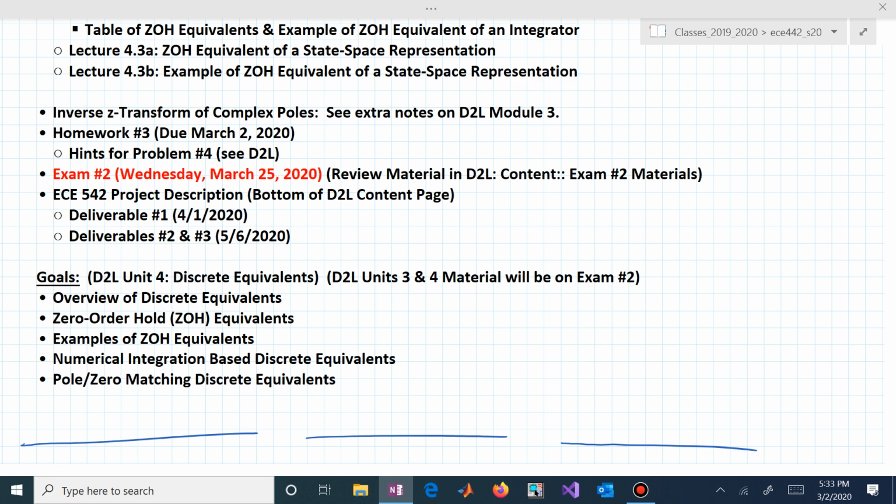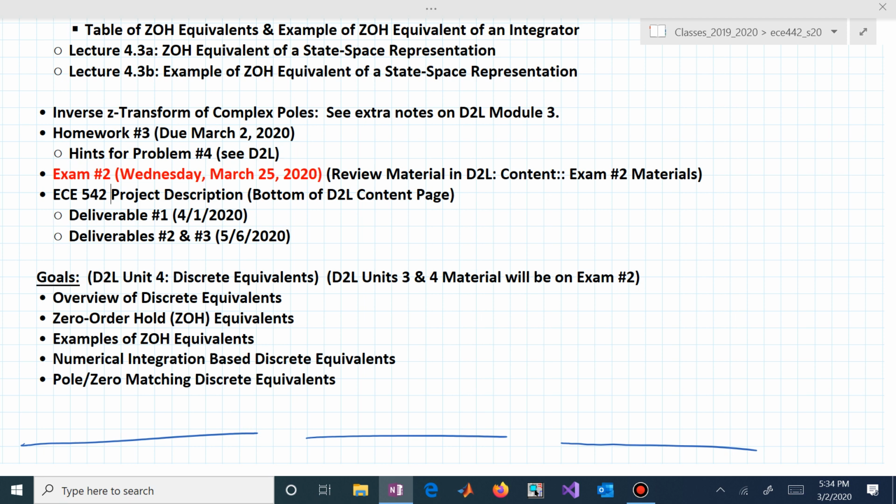And if you're in 542, today I posted the project description. So now you have a few weeks to think about what you want to do for your project. The first deliverable is due on April 1st, and that's not an April Fool's joke. It is when deliverable number 1 is due, and really deliverable number 1 is a 2 or 3 sentence description of what you're wanting to do for your project.